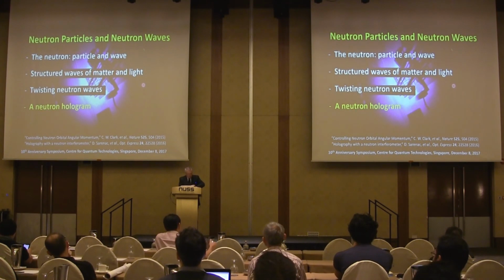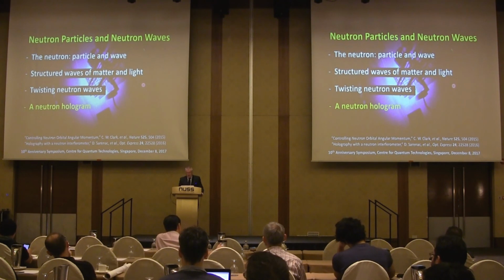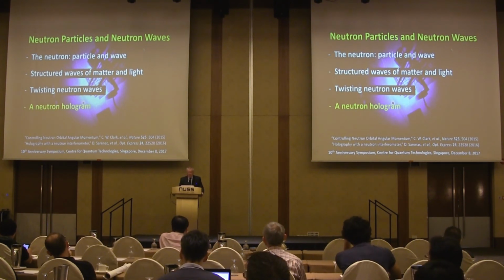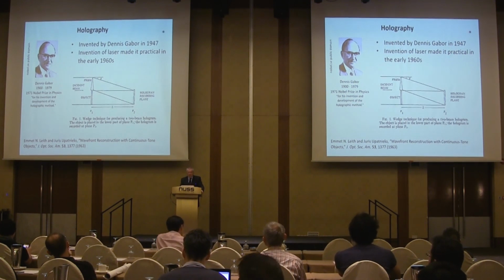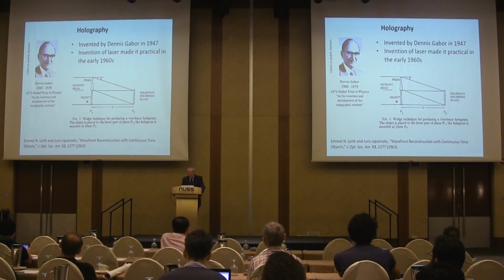Okay, so I'll conclude very quickly with a more recent demonstration of using these spiral phase plates in the production of a neutron hologram, basically following the same original idea of Leith and Upatnieks. Wavefront division holography, where you have an optical element that causes a linear phase shift of a reference beam, and then the object beam, which is a photographic positive.